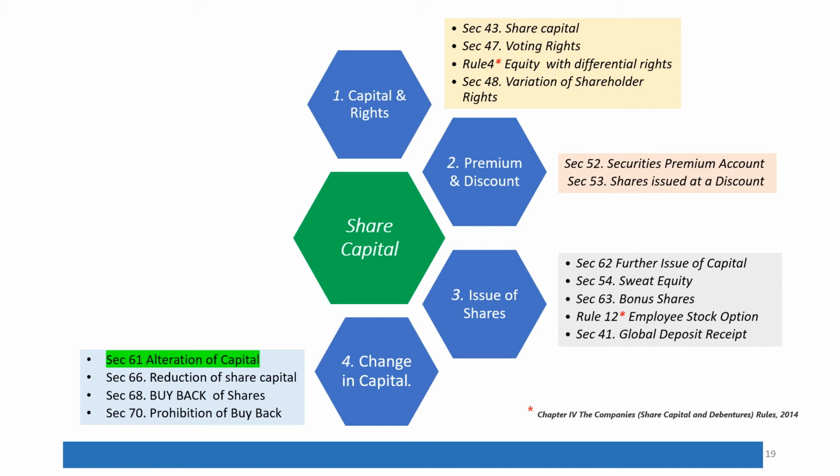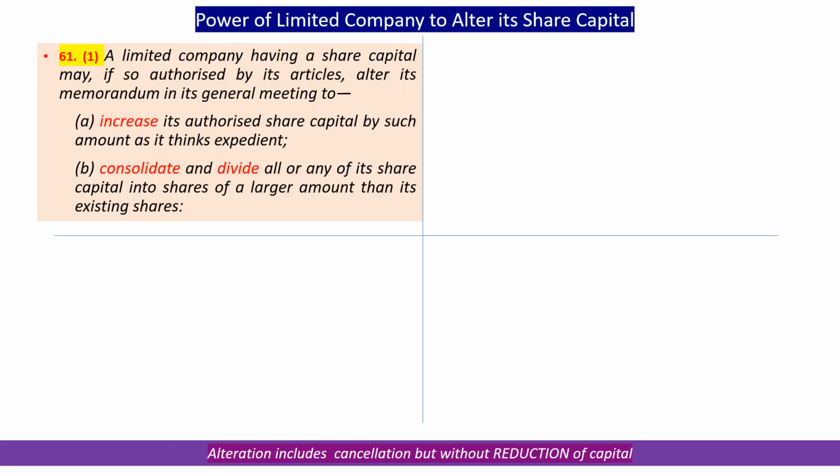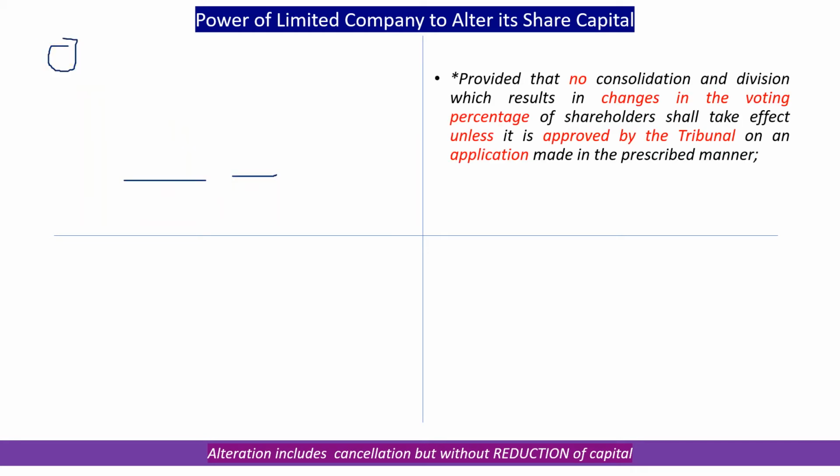This is so far as non-applicability of certain provisions of the Act is concerned. We have got three more small items to be done. Alteration of capital. A company can increase, consolidate or divide its capital under section 61. But you cannot have a consolidation if it is going to change the voting percentage unless approved by a tribunal.